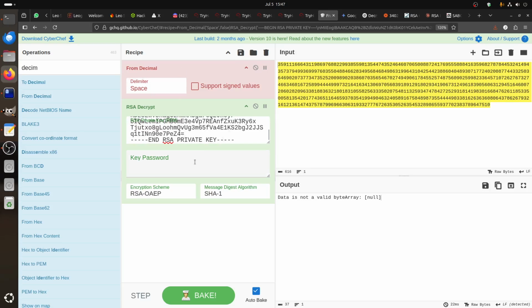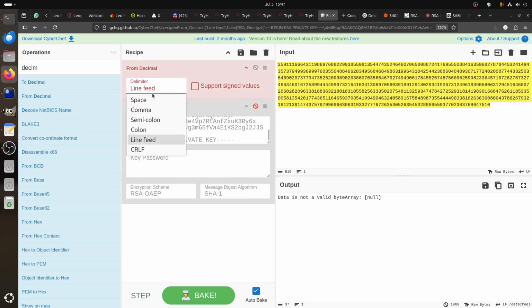Why are you red there? So you only have semicolon, colon, line feed. Why From Decimal?